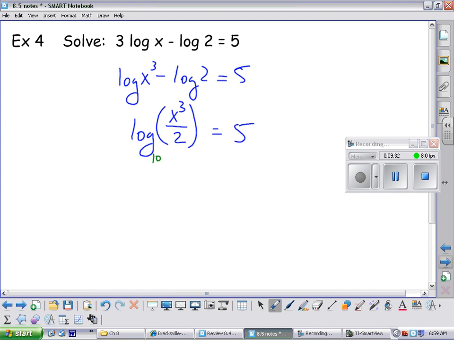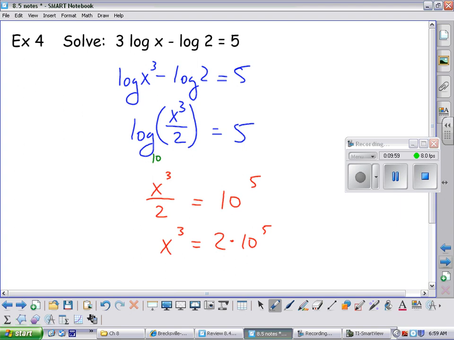Put my little 10 in there, and I say x to the third over 2 equals 10 to the fifth. So x to the third equals 2 times 10 to the fifth. Let's just write it like that. 200,000.